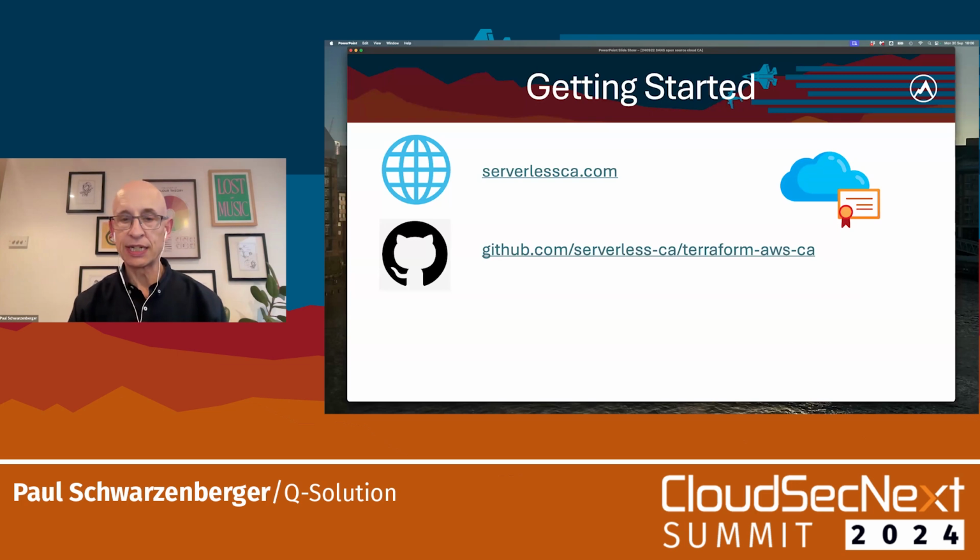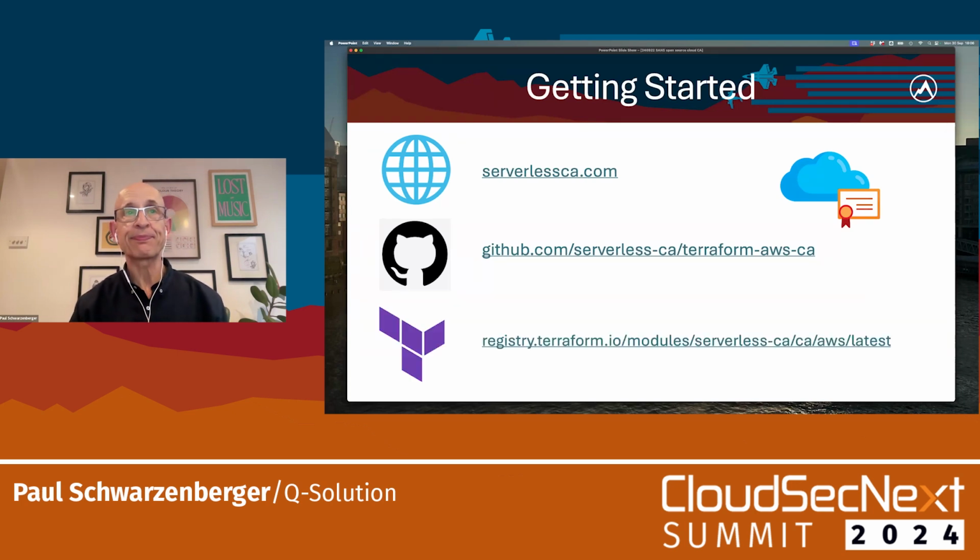The actual GitHub repository is shown here, github.com, serverless-ca, terraform-aws-ca. And the reason that it has that particular format for the naming of the repository is because we publish as a Terraform module.